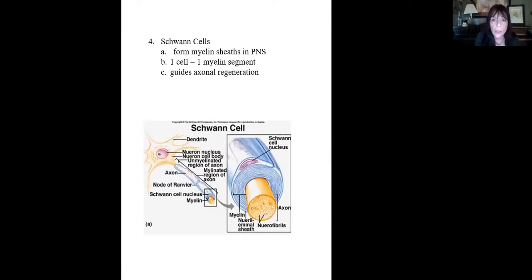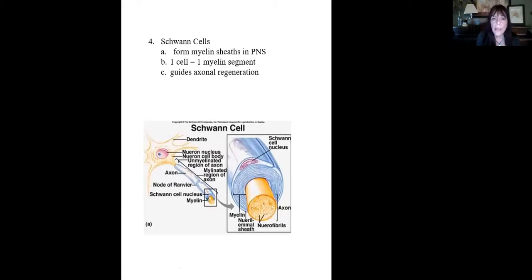Now, just to look here and compare to what we saw with the oligodendrocyte, here is the cell body. And what we have is this cell body giving itself up and going, okay, I'm going to surround and surround and surround and give my whole self up to surround just this one segment of the axon, just one region.